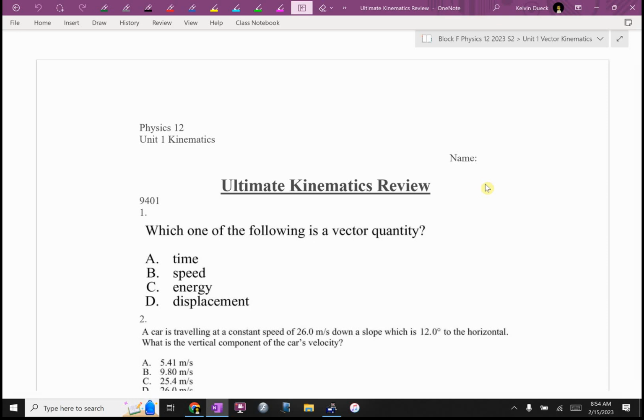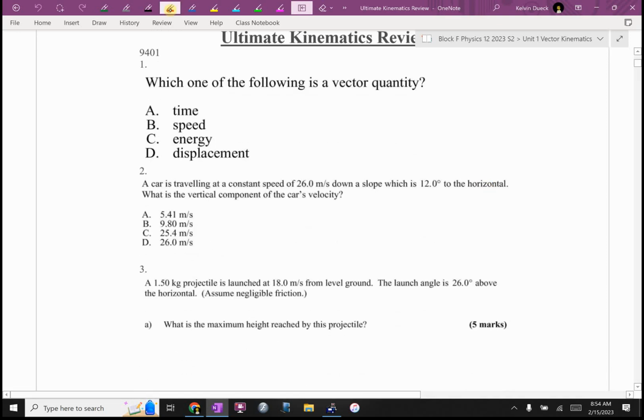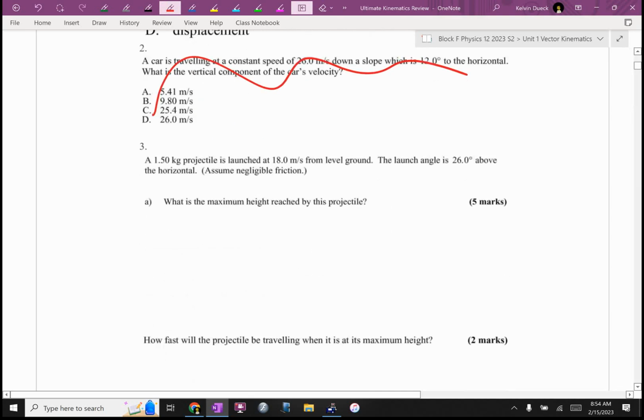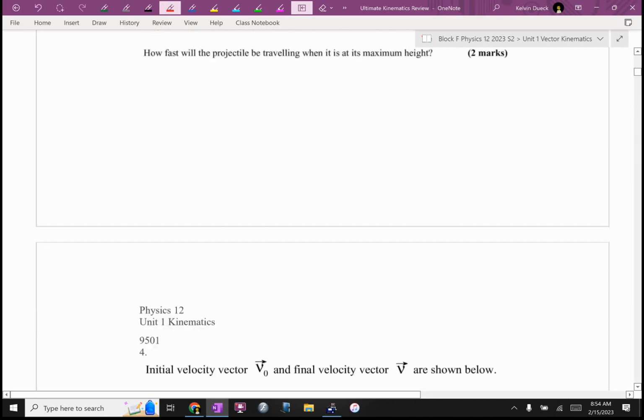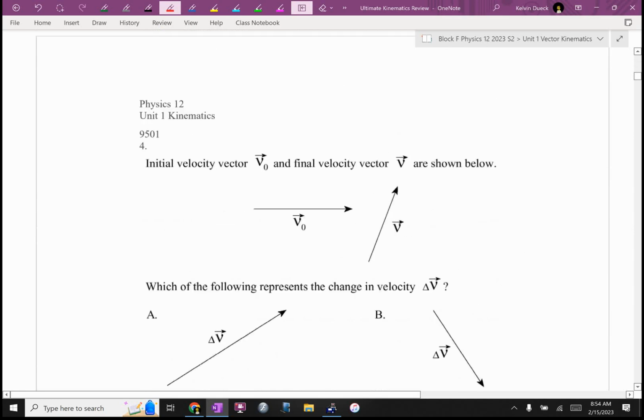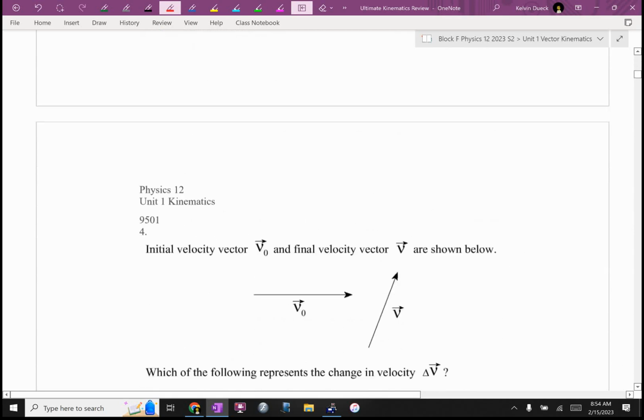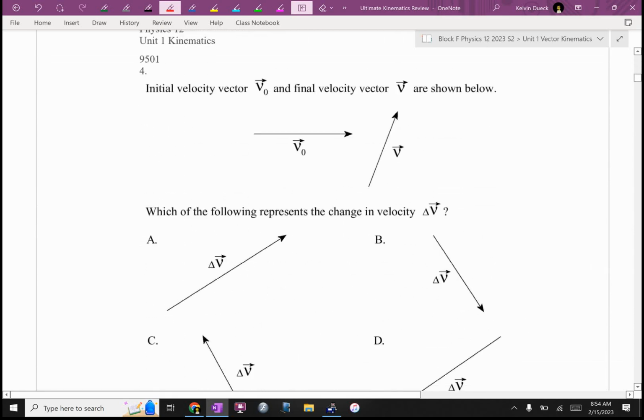Ready? I think you can cross out number 2. I like number 4. Number 4 is a nice question.